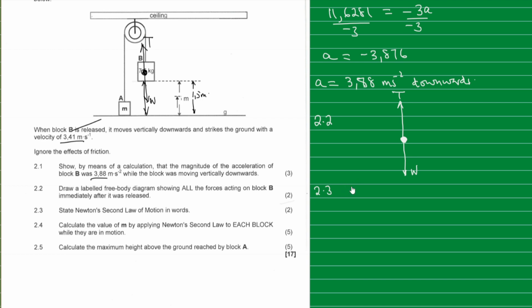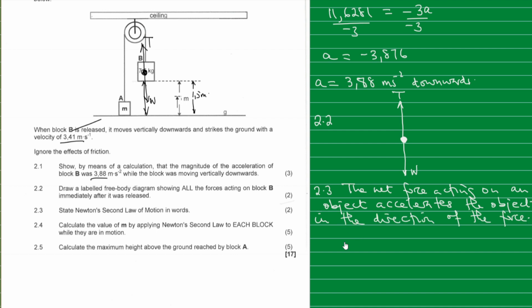It goes as follows: the net force acting on an object accelerates the object in the direction of the force. The acceleration is directly proportional to the net force and inversely proportional to the mass of the object.